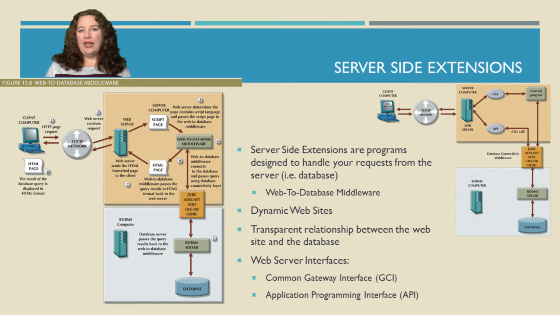Or you can use what we call an API, which is an application programming interface to create a series of webhooks that connect to the database and allow the web server to just grab information directly without going through an external program. Depending on how you have built your backend server-side extensions will determine whether you're going to use the CGI or whether you're going to use the API to connect to the database.